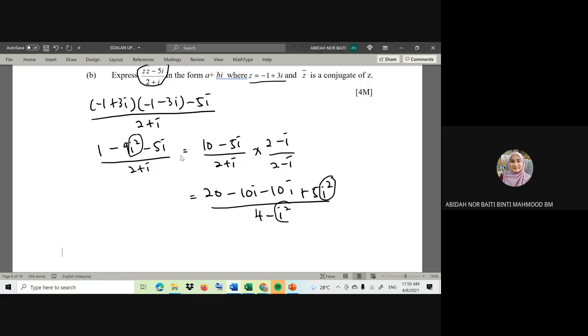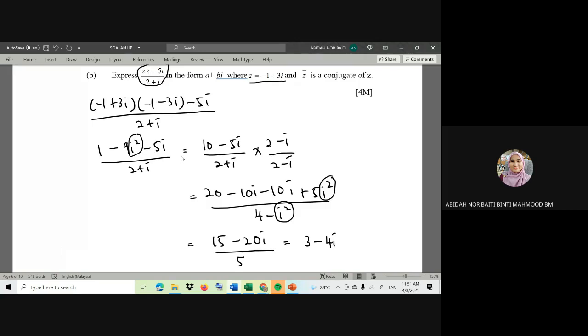Okay, for i squared, we substitute with negative 1. So 20 minus 5 is 15, right? So ni jadi berapa ni? Negative 20i per 4 plus 1. Okay, 4 plus 1 is 5. Okay, simplify. So here we get 15 over 5 is 3, right? 20 over 5 is 4i.